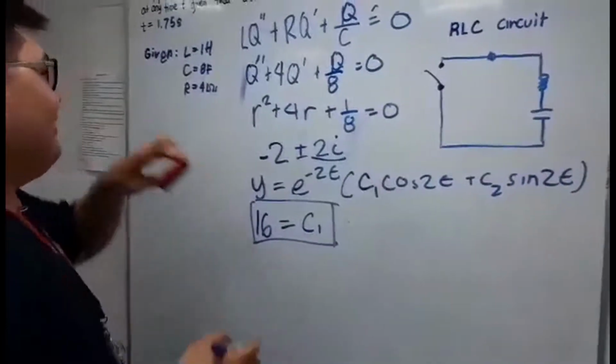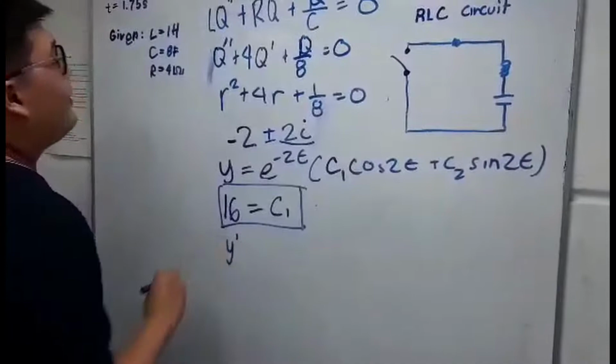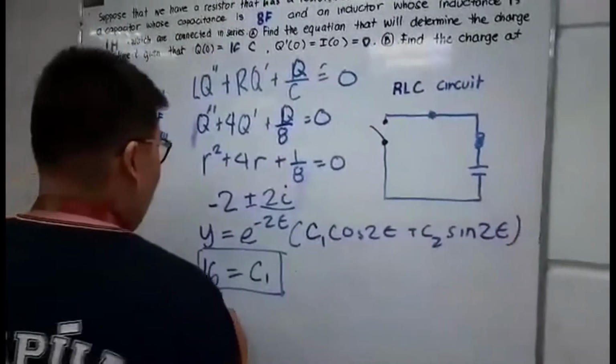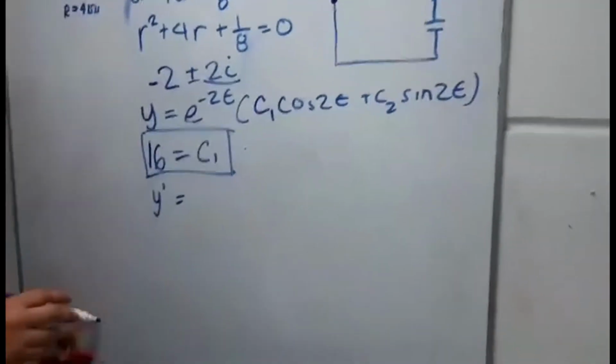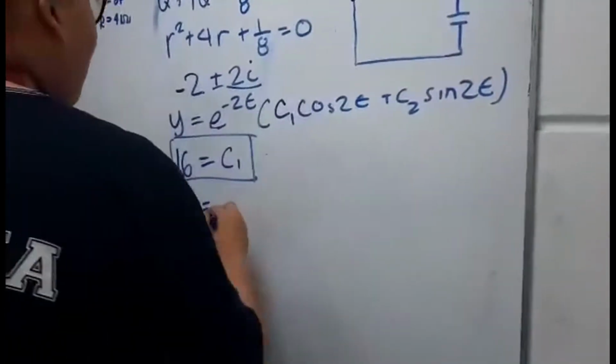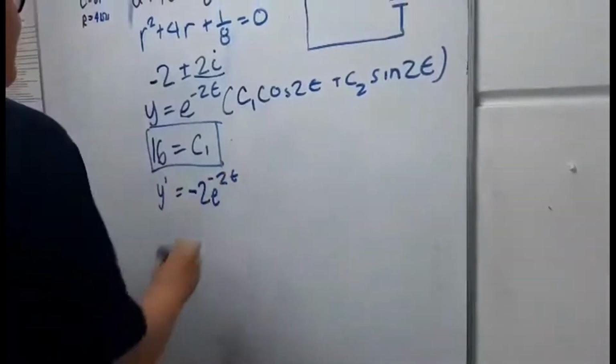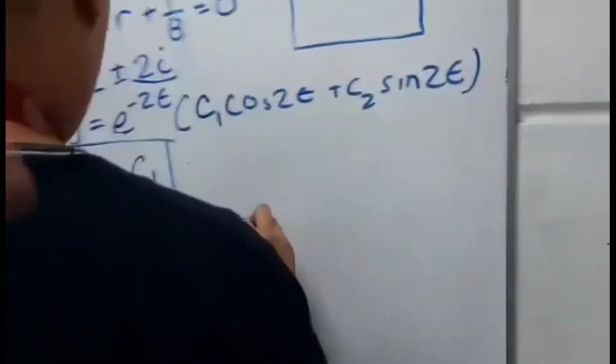So, we take the first derivative to get the second equation. We use the product rule. First, you differentiate the exponential function, then you retain the second function.